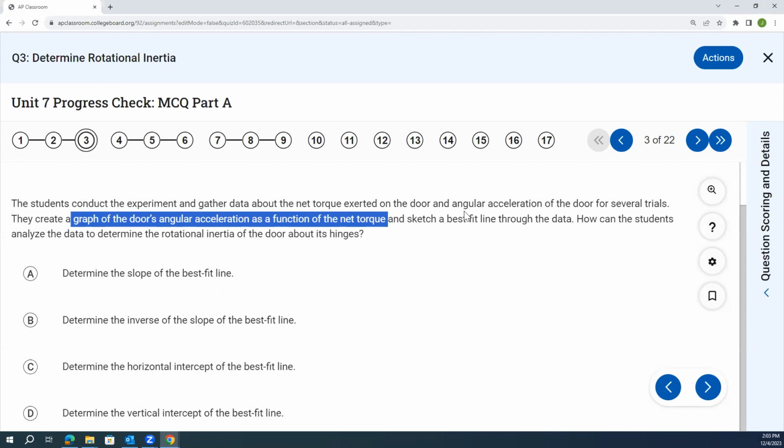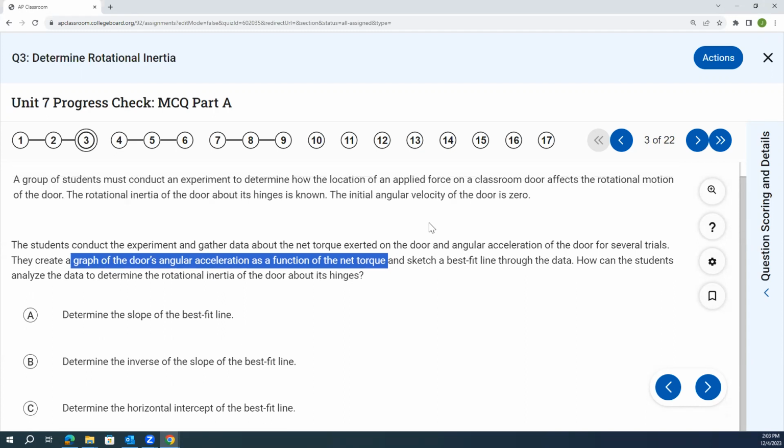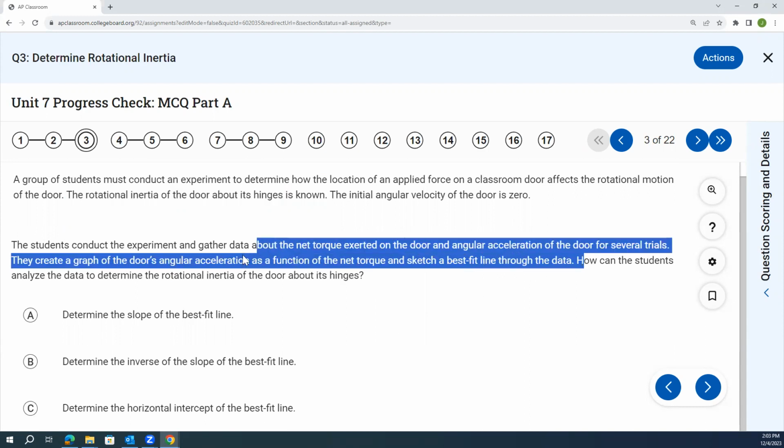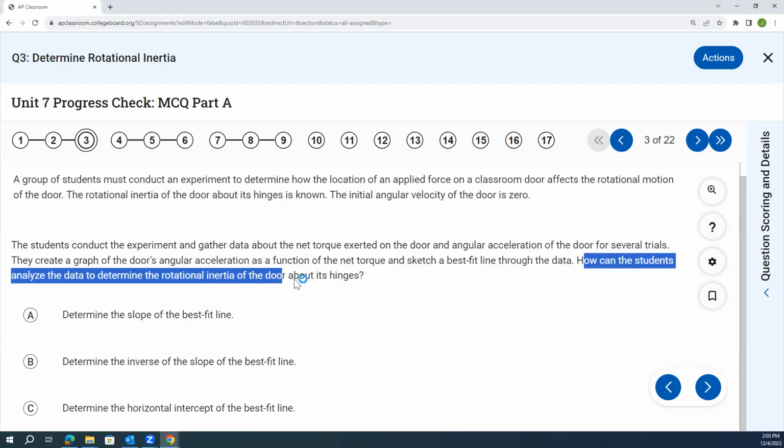And remember, they mentioned before about being allowed to know what the rotational inertia of the door is, which is the other variable in that expression, I. But that's the question: how can the students analyze the data to determine the rotational inertia of the door about its hinges? Usually if AP says you're given something, you're not also solving for it, but okay.